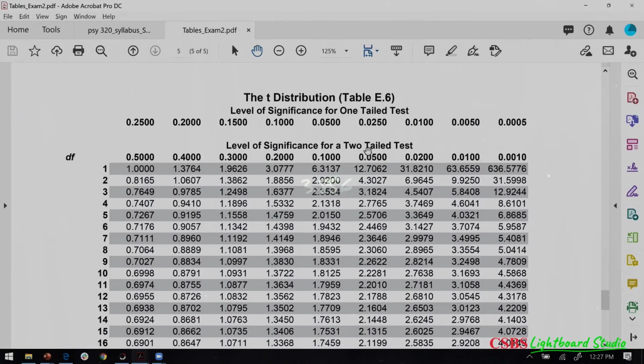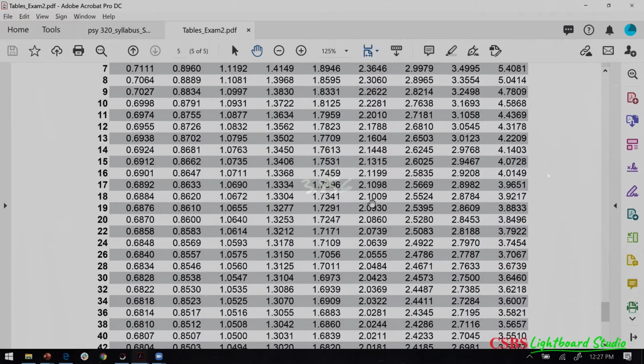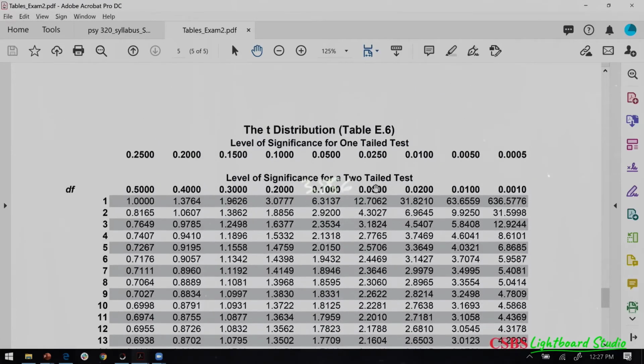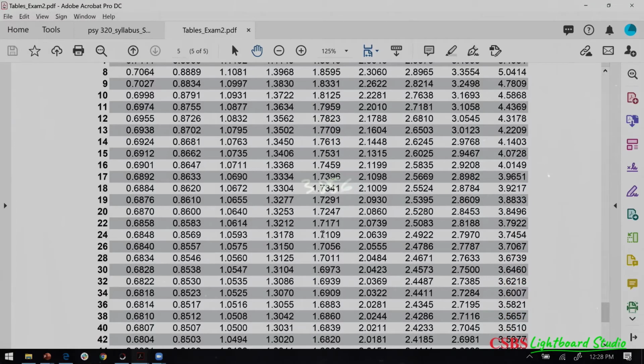Before I was doing a two-tailed test, which is why I came to this column, the 0.05 two-tailed, and scrolled down to 24 and got this 2.064 number. Now I'm doing a one-tailed test, so I'm shifting over one column to the one-tailed 0.05, scrolling down to 24, and I'm getting that the value is 1.7109 based on the table. So this is my critical value if I'm doing it as a one-tailed test.